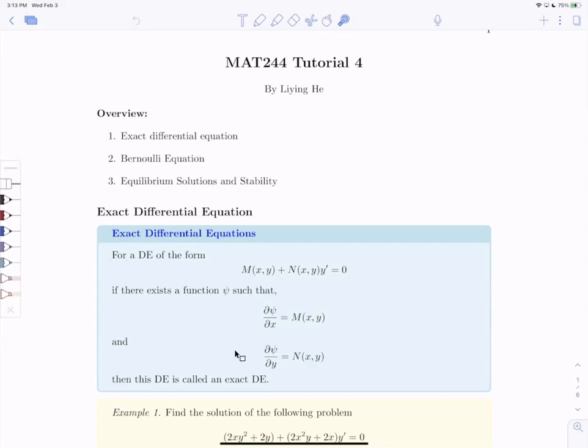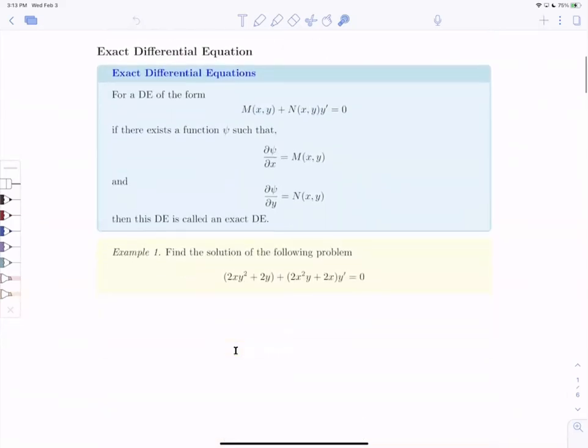So exact differential equation. Here is the definition for a differential equation of this form, where M is a function of x and y, and N is another function of x and y, which is the factor of y prime.